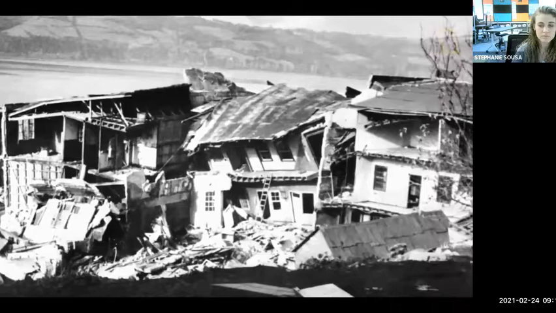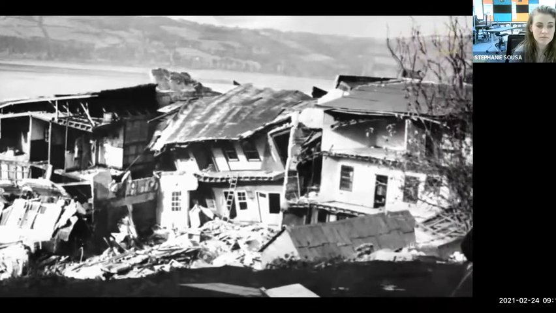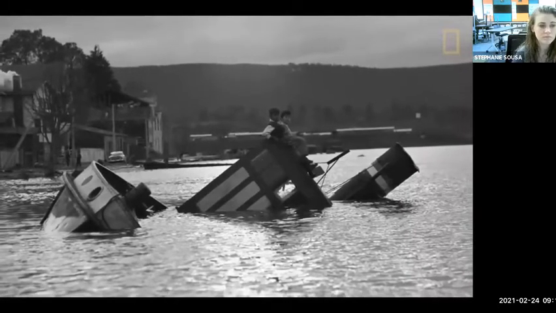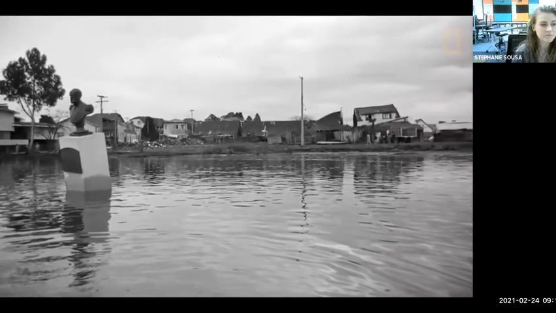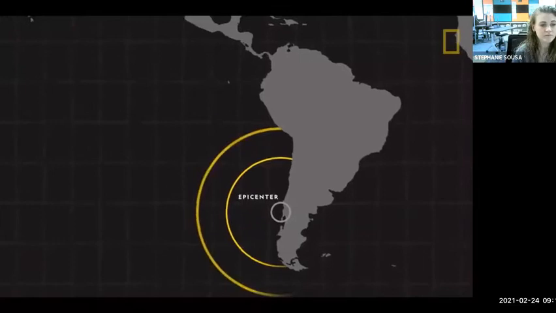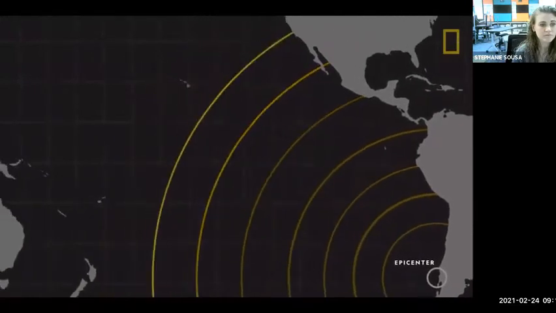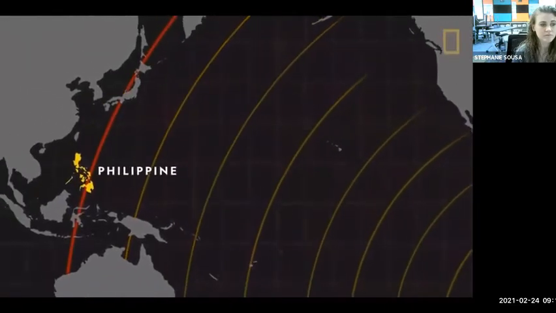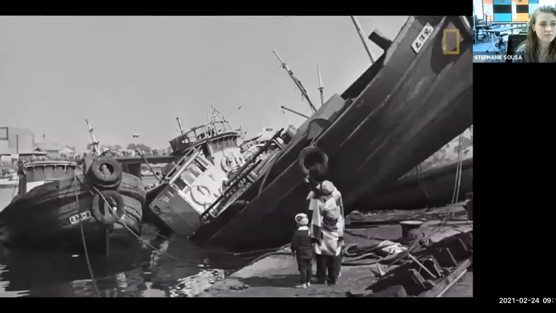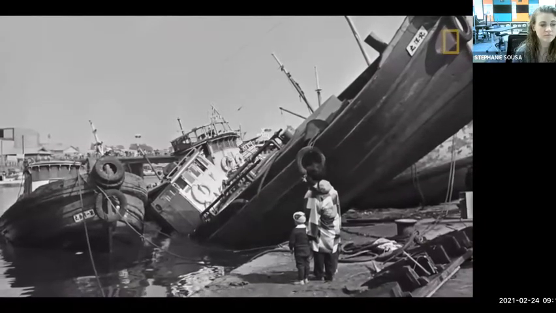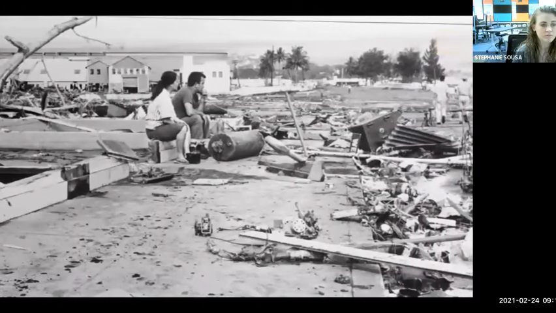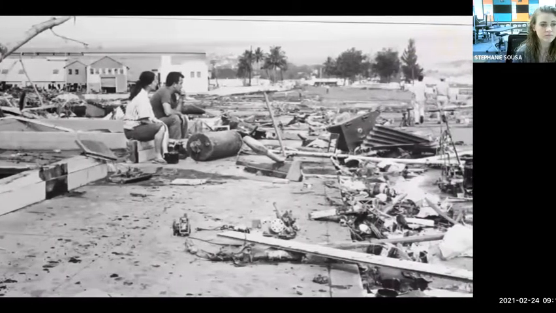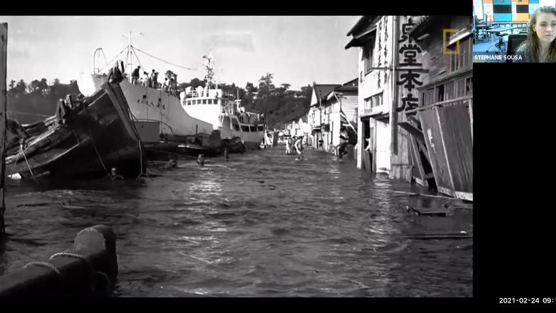In addition to causing devastating tremors on land, the earthquake also generated a deadly tsunami reaching up to 80 feet high. The tsunami raced across the Pacific Ocean, hitting faraway countries like the Philippines and Japan. In fact, data from seismographs showed that the shockwaves emitted by the Valdivia earthquake continued to shake the entire planet for days.